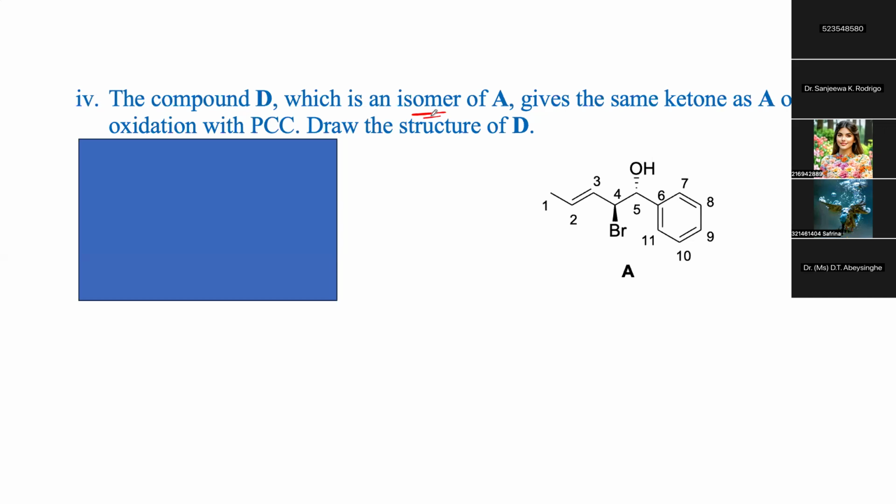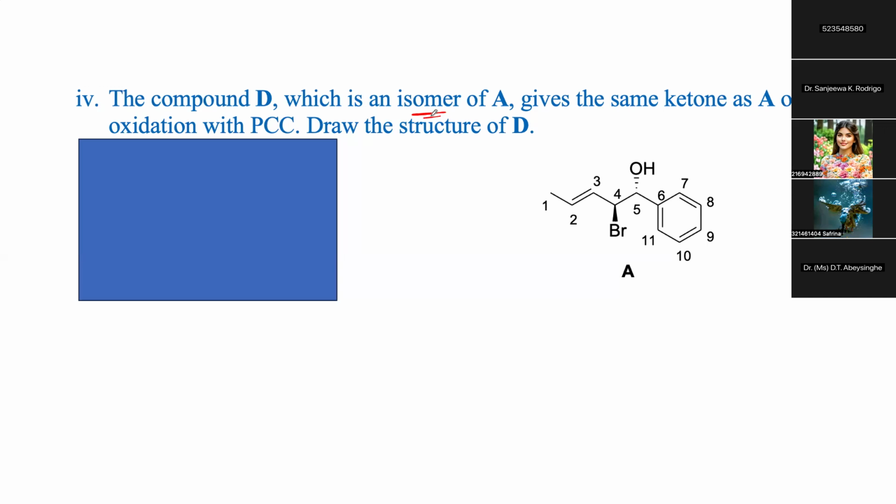All of these different stereoisomers, different types we talked about, they're all isomers. So compound D is an isomer of A and gives the same ketone as A on oxidation with PCC. And they're asking you to draw the structure of D.